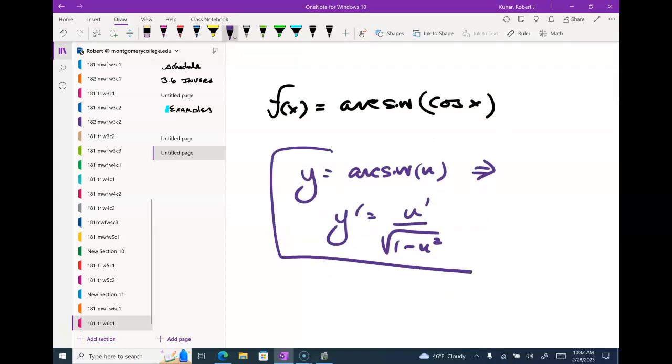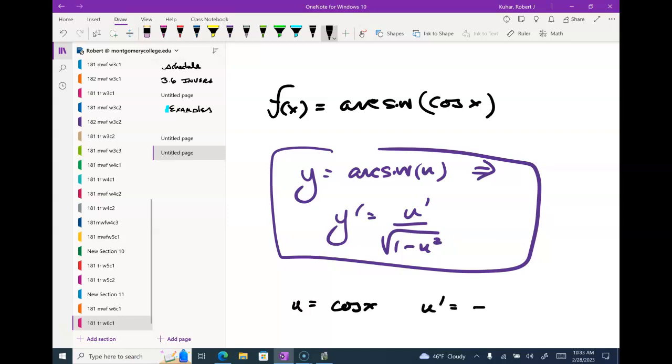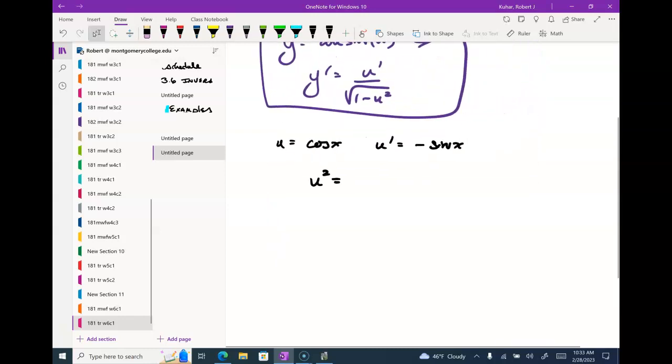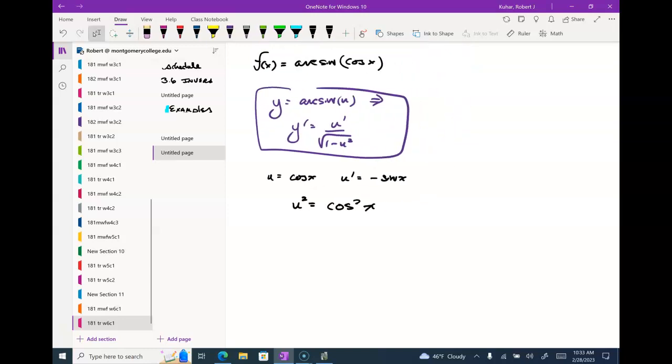All I have to do is find u squared, find u prime, plug and chug, right? So what did I get for u? Cos of x, just that inside function. What's u prime? Negative sine of x. And what's u squared? Cosine squared, right? Plug and chug.